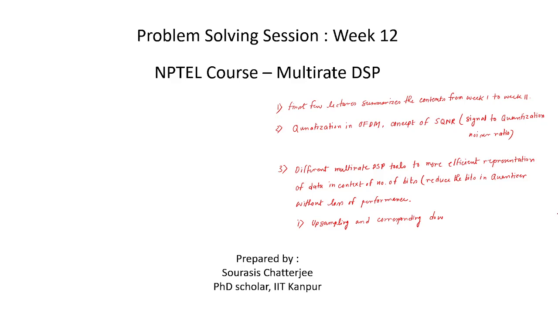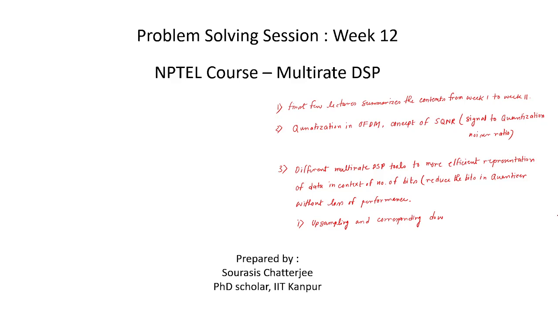So we see that by oversampling at transmitting side and corresponding downsampling at receiving side, which is inherent, we can achieve a trade-off between number of bits and the oversampling factor M, in a way that both increase the SQNR, signal to quantization noise ratio. So if I want a particular level of SQNR, I can trade off number of bits in a quantizer by employing higher oversampling factor.